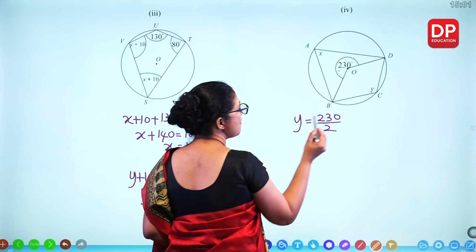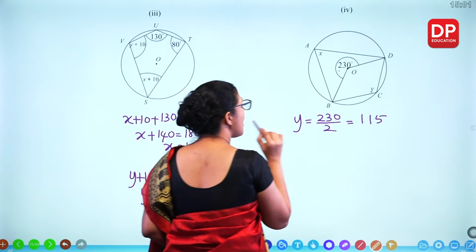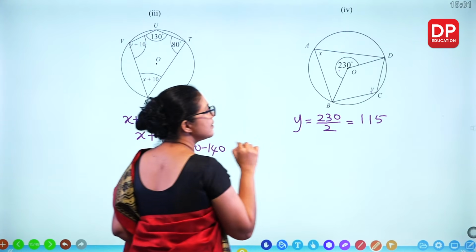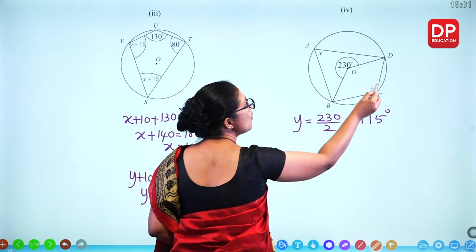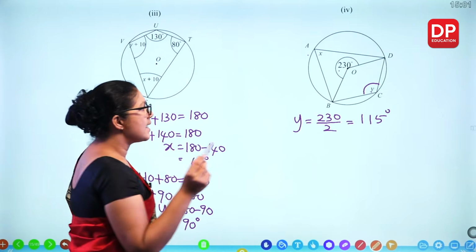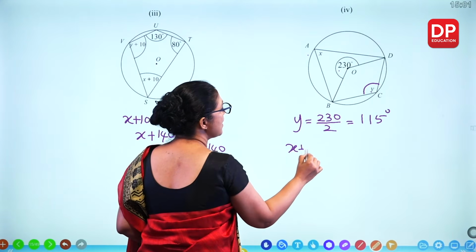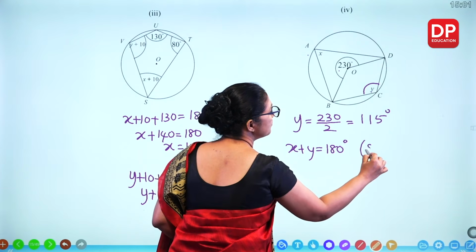So 230 divided by 2. You get 115 degrees for y. Now we know y. What's the relationship between x and y? X and y becomes 180. Supplementary.